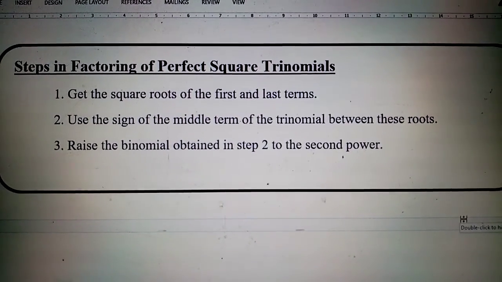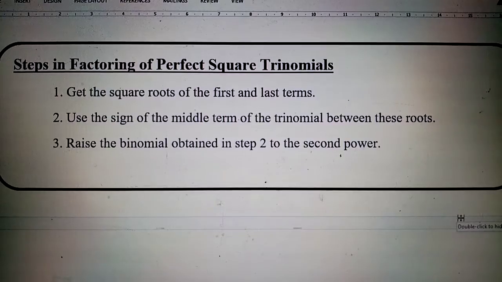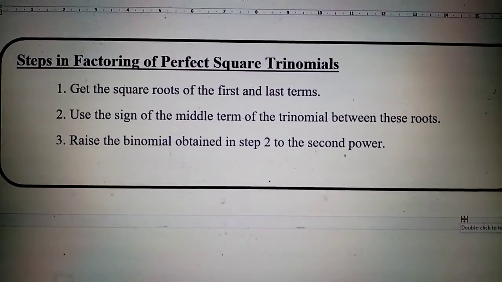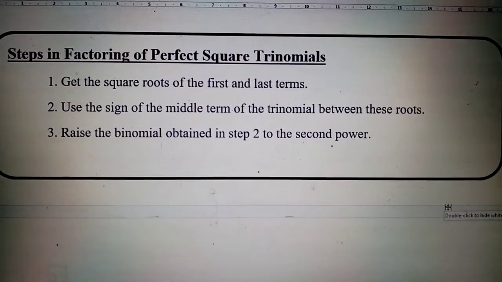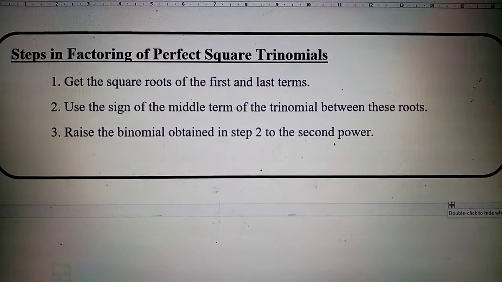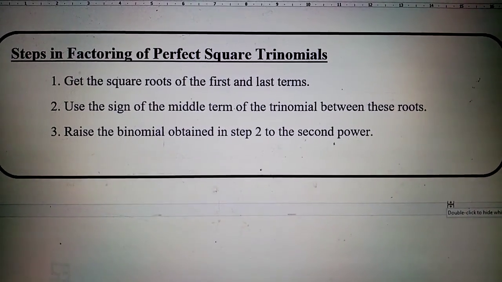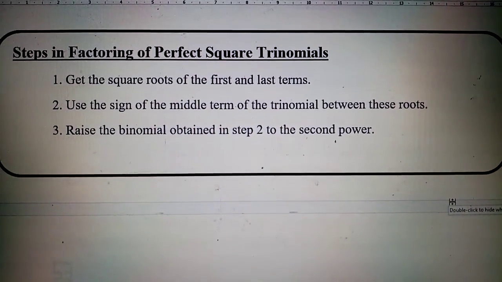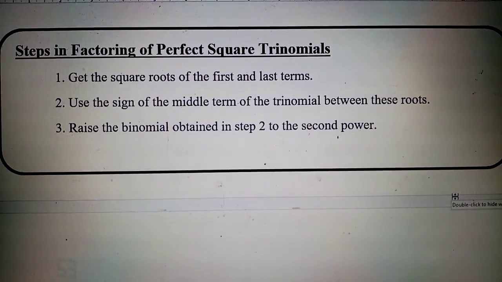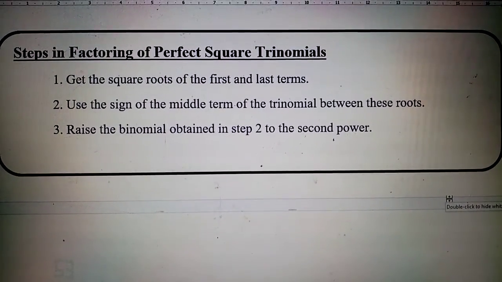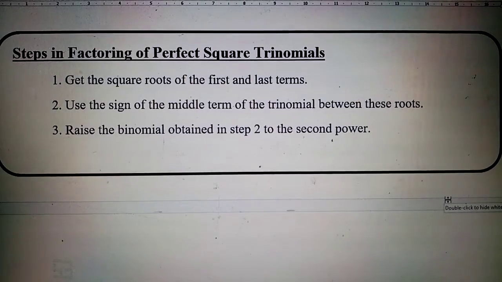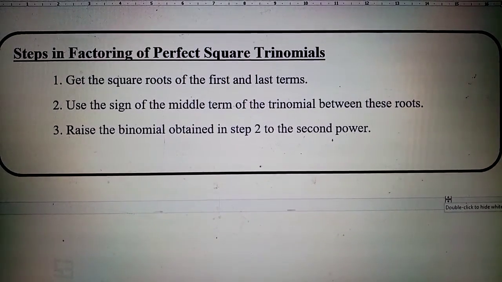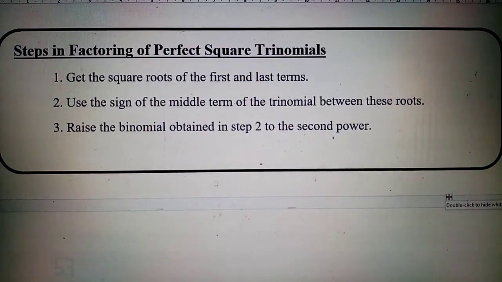The three steps in factoring the perfect square trinomials or the PST are: number 1, get the square roots of the first and last terms, or the quadratic term and the constant term. Number 2, use the sign of the middle term of the trinomial between these roots.